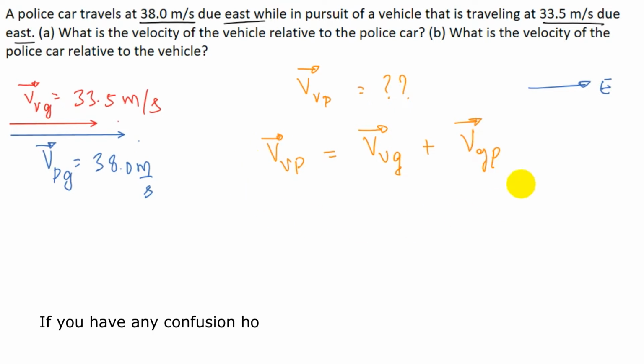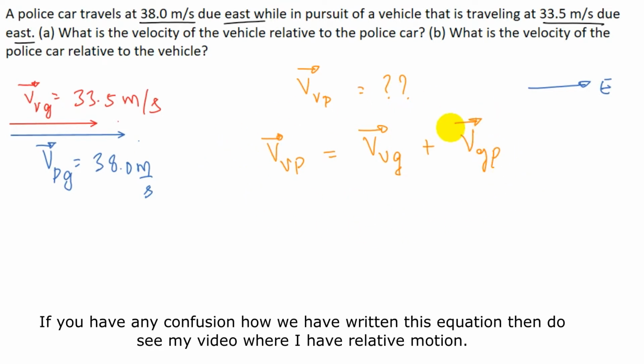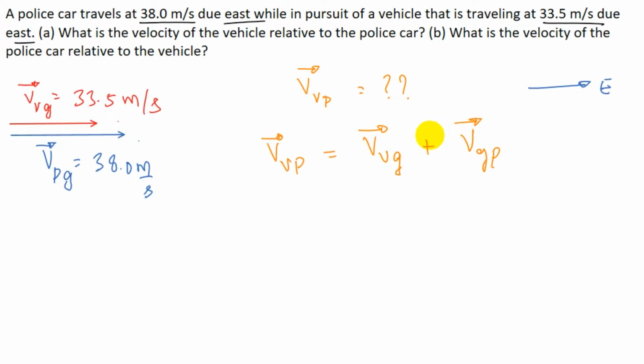And if you have any confusion about how we are able to write this, you can view my previous videos where I have discussed the relative motion, and for that you can click on the bell icon. Now this thing we know, and this thing is VGP, but we know VPG, so we can write this as negative of VPG, because VPG is negative of VGP.